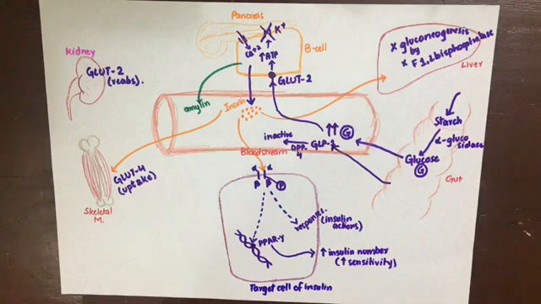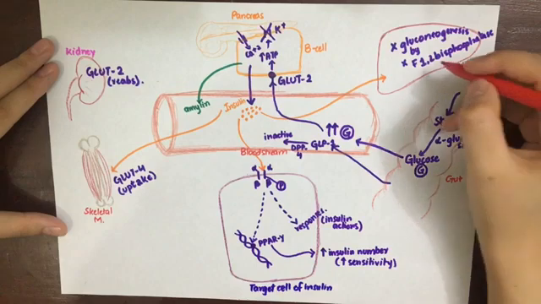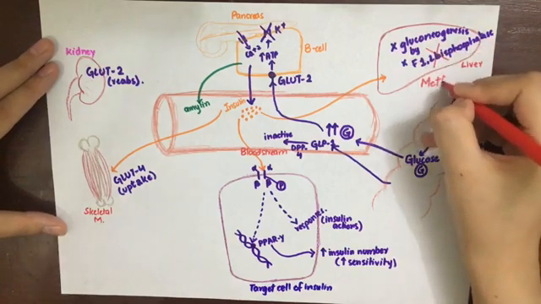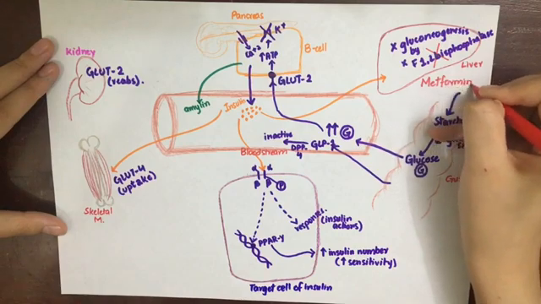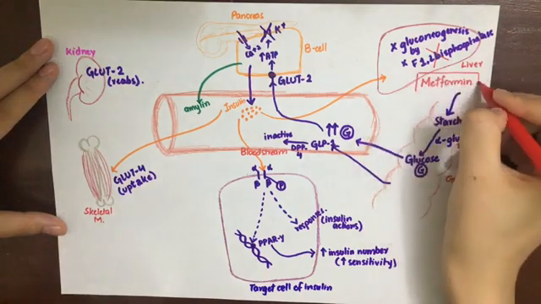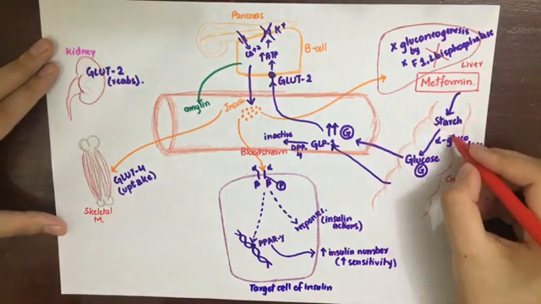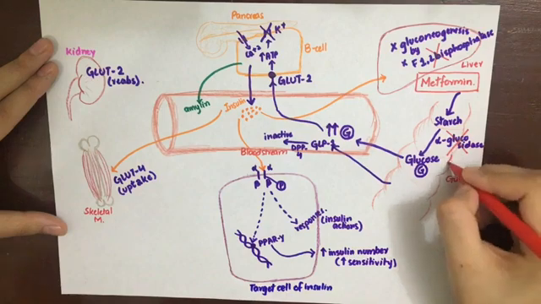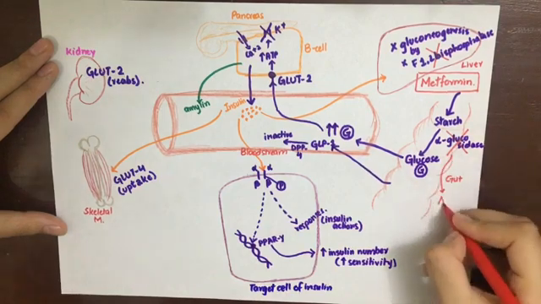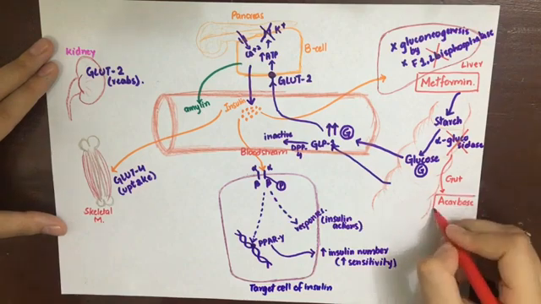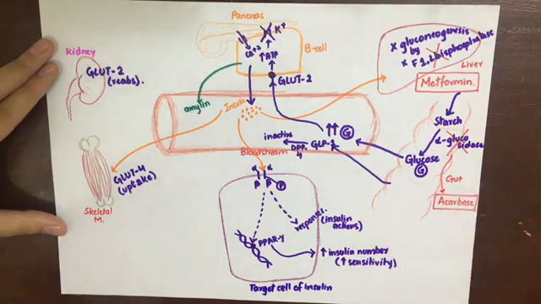First drug that we will use will actually inhibit gluconeogenesis, and that will be metformin. It will inhibit the rate-limiting step of gluconeogenesis, that is fructose 1,6-bisphosphatase enzyme. Secondly, we can inhibit the alpha glucosidase in the gut by a drug known as acarbose, which will not convert the starch into glucose, and thus glucose will not be absorbed into the blood and it will decrease postprandial glucose level.